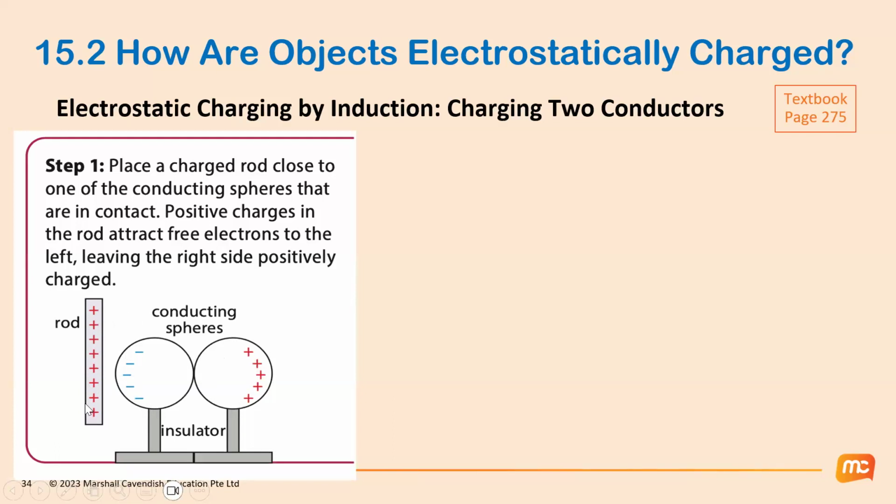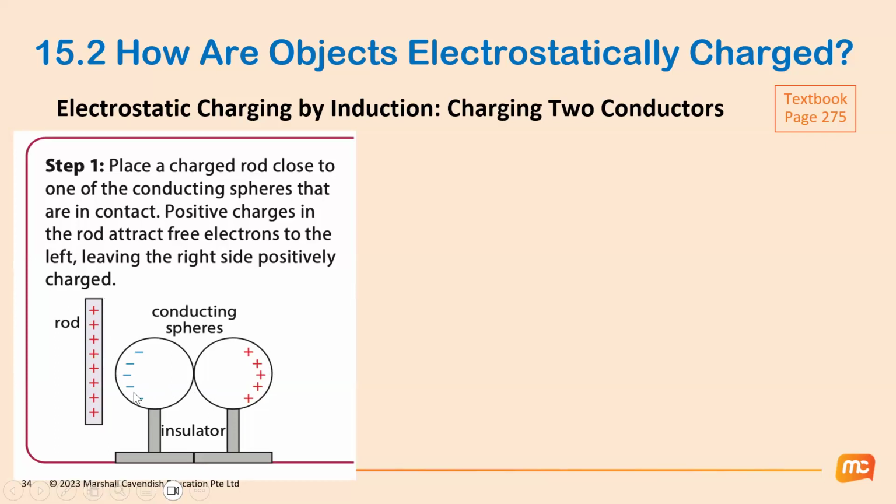Once I put the positive charge here, it will result in redistribution of the charges in the two spheres. Because of the law of charges, as I bring the positively charged rod near to it, all the electrons in the left-hand side and the right-hand side will move towards the left-hand side, closer to the positive rod, because unlike charges attract.